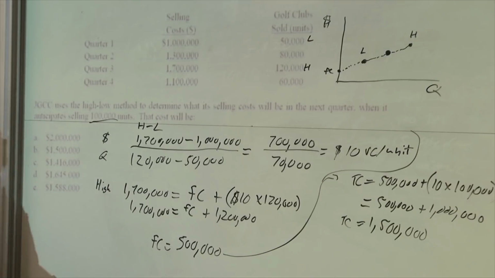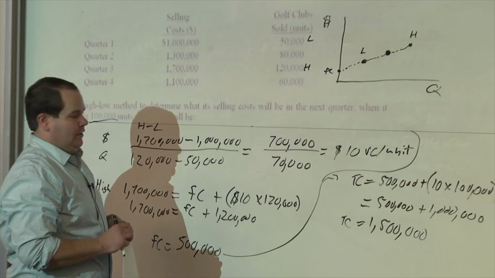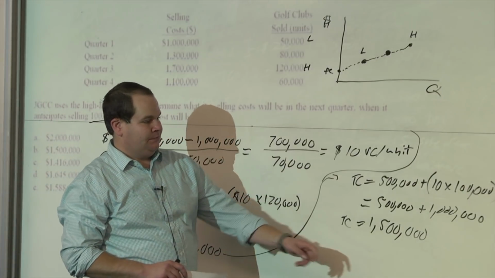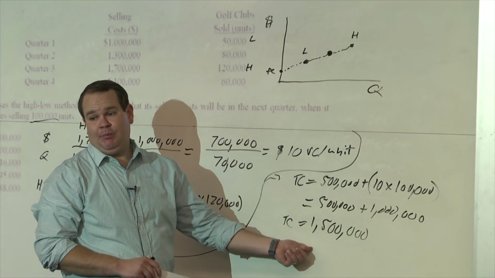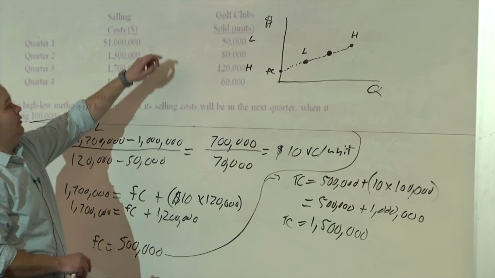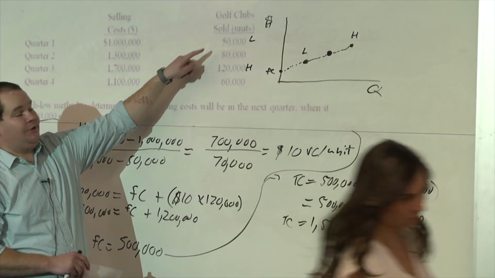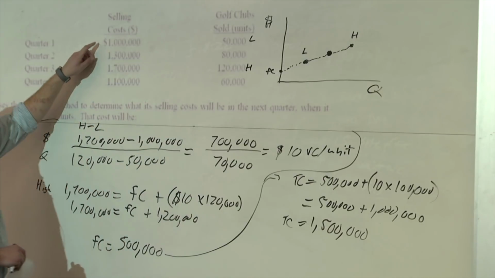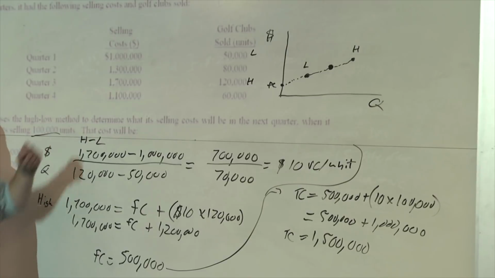All right, so the other thing hopefully you can see, this is the last thing to point out here, this is with 100,000 units, the cost is 1.5 million. That puts us right in between our low and our high scenario, right? The 100,000 is somewhere between this 50 and 120. So that would imply that the total cost is going to be somewhere between the 1 and the 1.7.